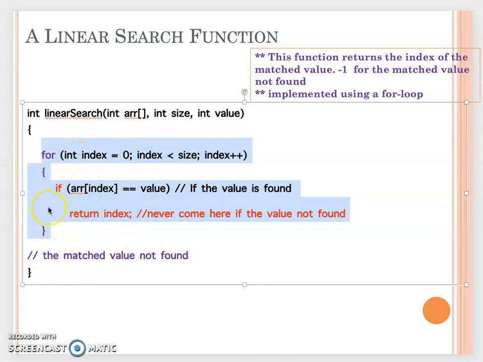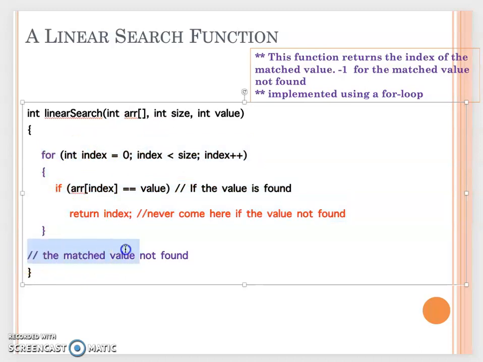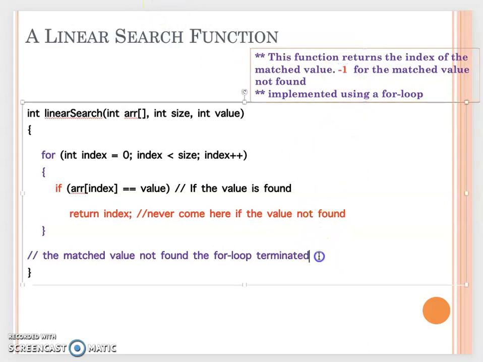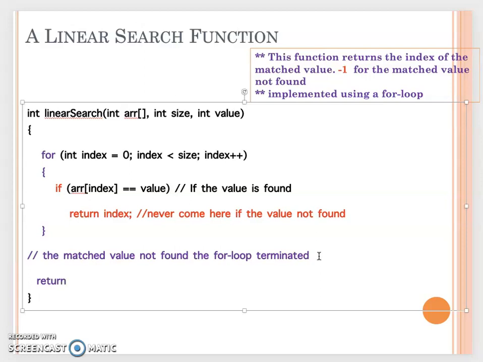When we finish the for loop, if I can come to this point, that means the matching value was not found. The for loop terminated, so the value was not found, and I need to return -1. If you finish the for loop, your match was not found, so you simply return -1.